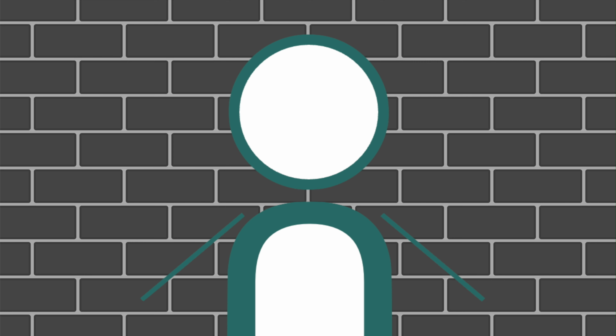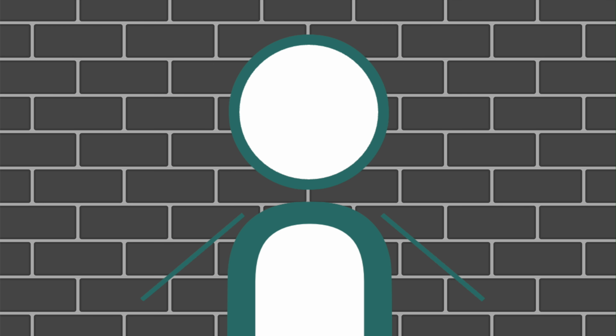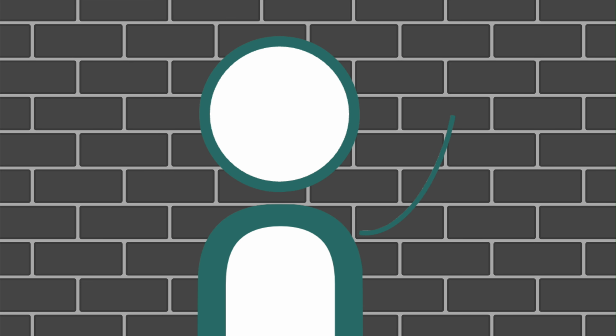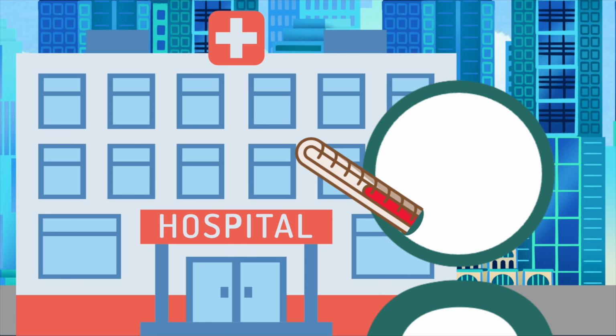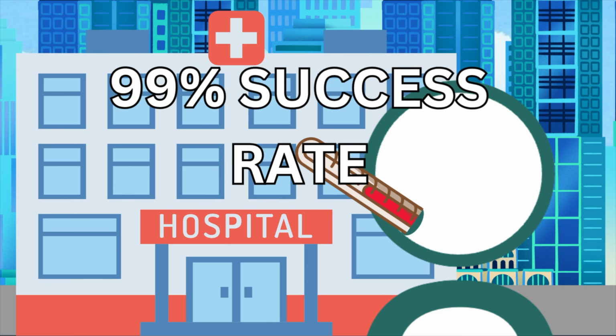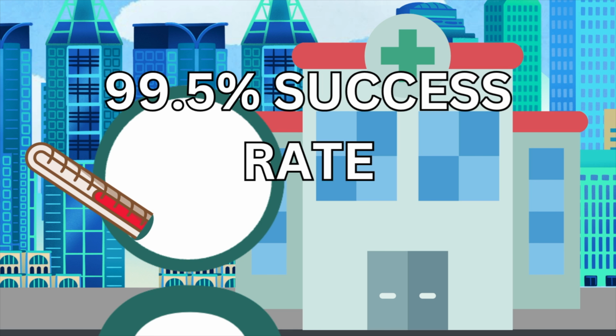Wait, not so fast. If you look more closely and separate the data by patient condition, comparing the critically ill patients with the healthy ones, you will notice something strange. For mildly ill patients, Hospital A has a 99% success rate, whereas Hospital B has a 99.5% success rate.